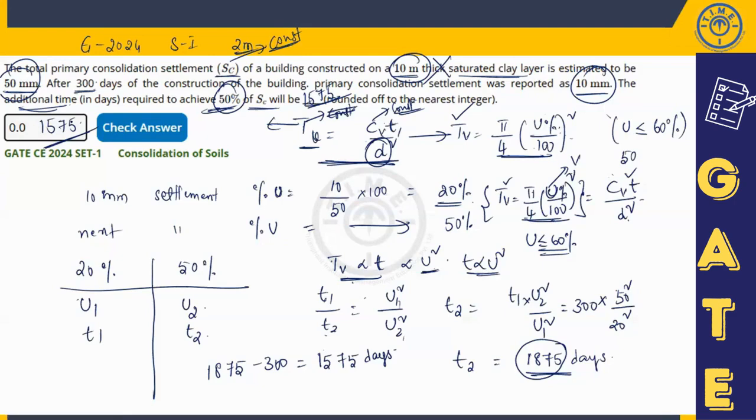Only variables are small t, that is time, and degree of consolidation. As we know, degree of consolidation increases with time. But in what ratio? t is proportional to U square. This holds good only up to a degree of consolidation of 60%, my dear students.